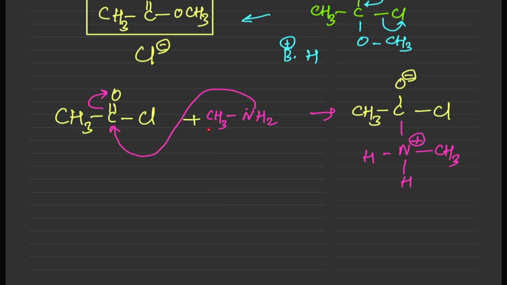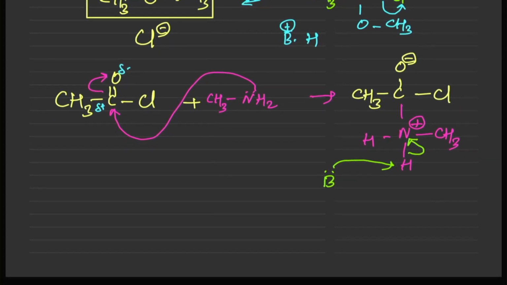Here, one side is an alkyl group, another side has 2 hydrogens, so total 3 bonds. So this is delta positive, delta negative. All right, so now your next goal is to neutralize it. So we have something that would abstract a proton, so 2 electrons would go back to nitrogen.